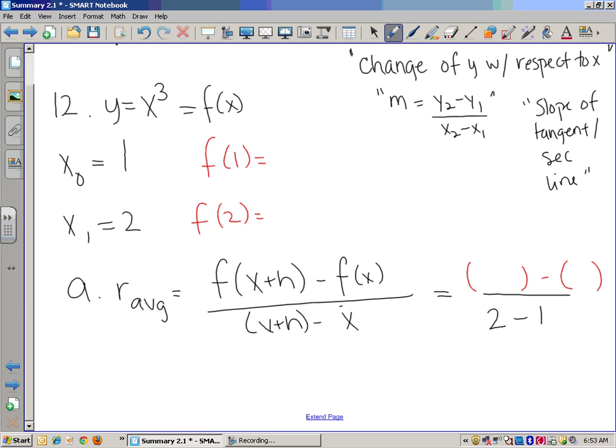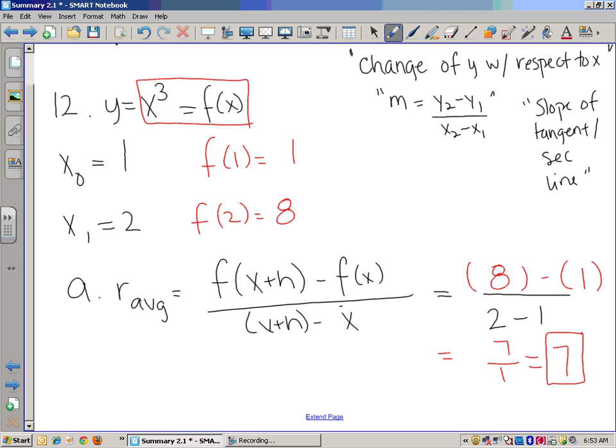Hint, hint, hint. Plug it into the original equation. So I'm going to get 1 and 8. I'm going to go 8 minus 1, and I'm going to get 7 over 1, which is 7. That is the secant slope. That is the average rate of change.